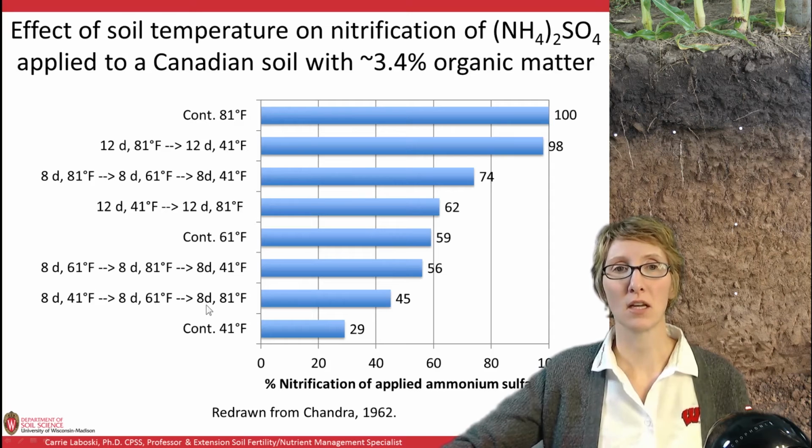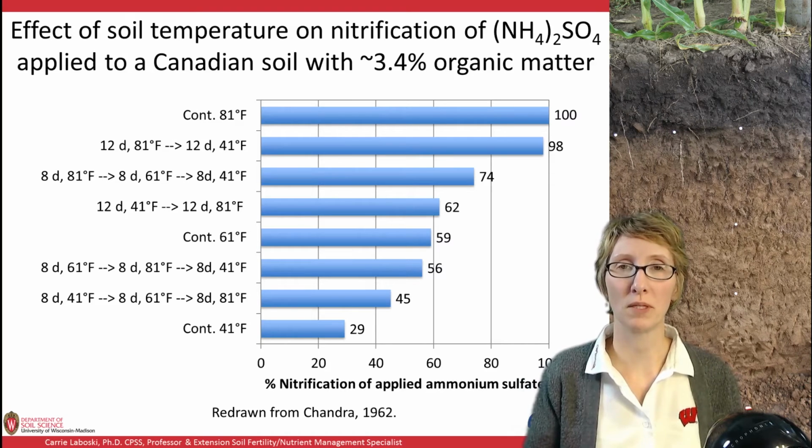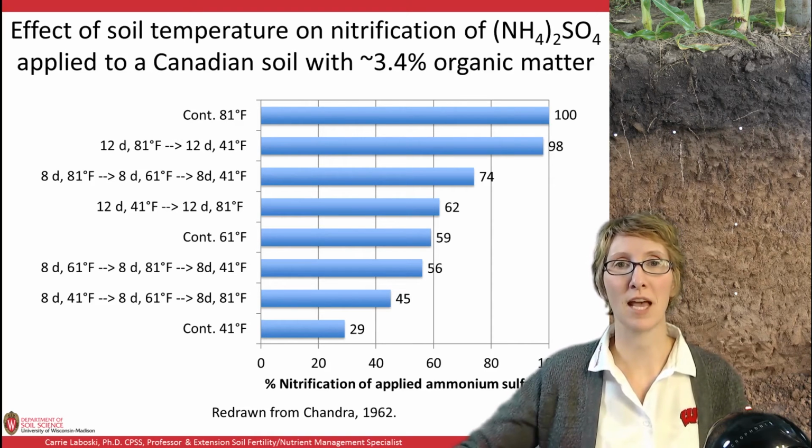The process isn't quite as unfavorable in the spring because with that warming trend it's a little bit slower. And remember, we have to be in the nitrate form of N to lose it, and we'll get into that in a minute.